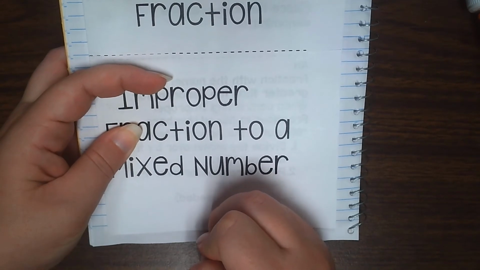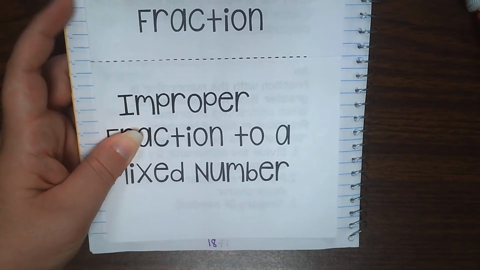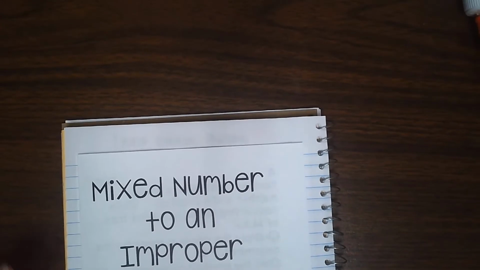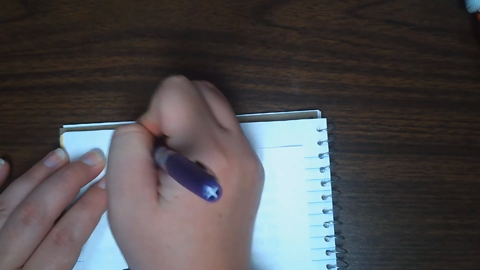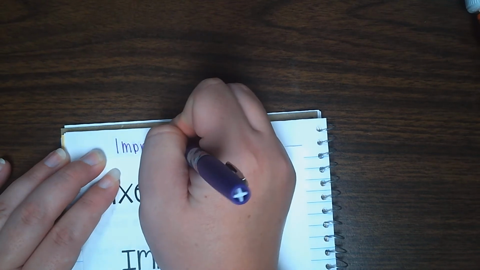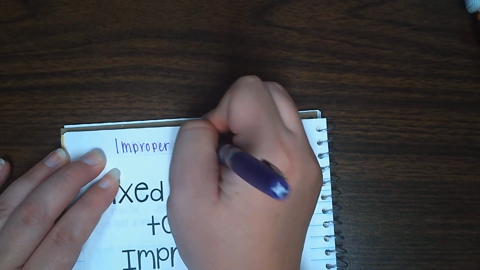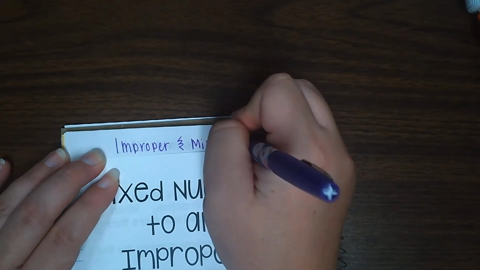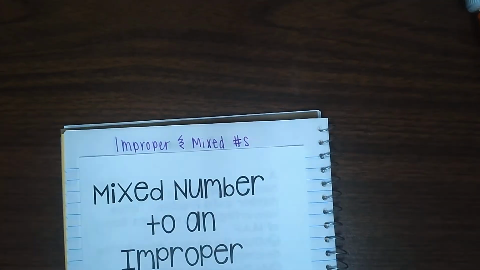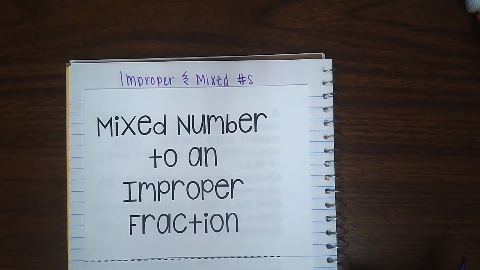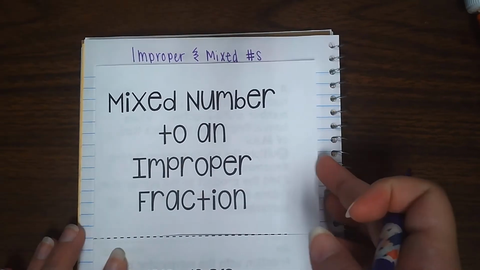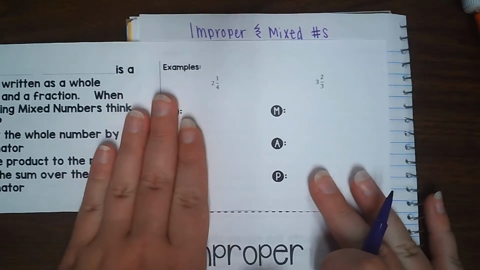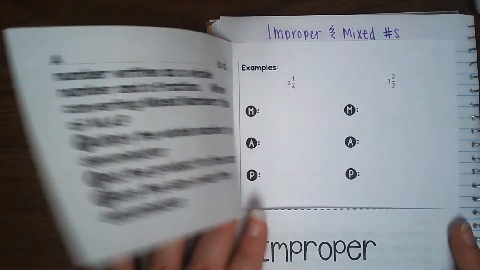Okay, so down at the bottom, page 18. And our title is Improper and Mixed Numbers. Okay, so when we open up, it looks kind of like a book.